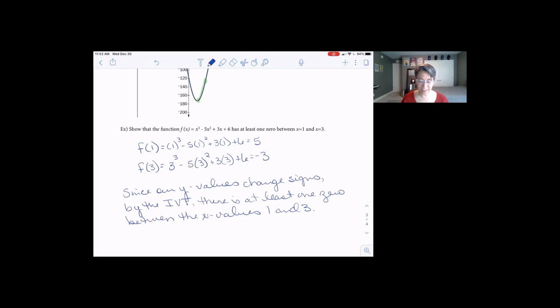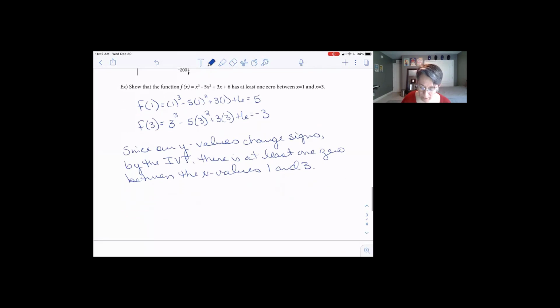All right, guys, and for a quick visual there, I'm not going to graph the whole thing, but all we know is that when x was 1, we got a y value of 5. And when x was 3, we got a y value of negative 3. So if it's a continuous function, it has to somewhere cross that x-axis between 1 and 3.